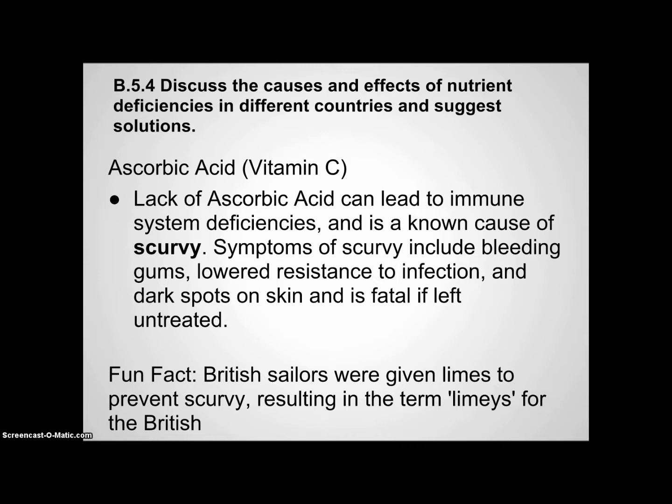They have less resistance to infection because of vitamin C's role in the body's defense mechanism against disease, and it often results in death if they don't get treated. And as a fun fact, one of the reasons why British sailors were able to go on sea for so long was because they took along with them citrus so that they can prevent scurvy.